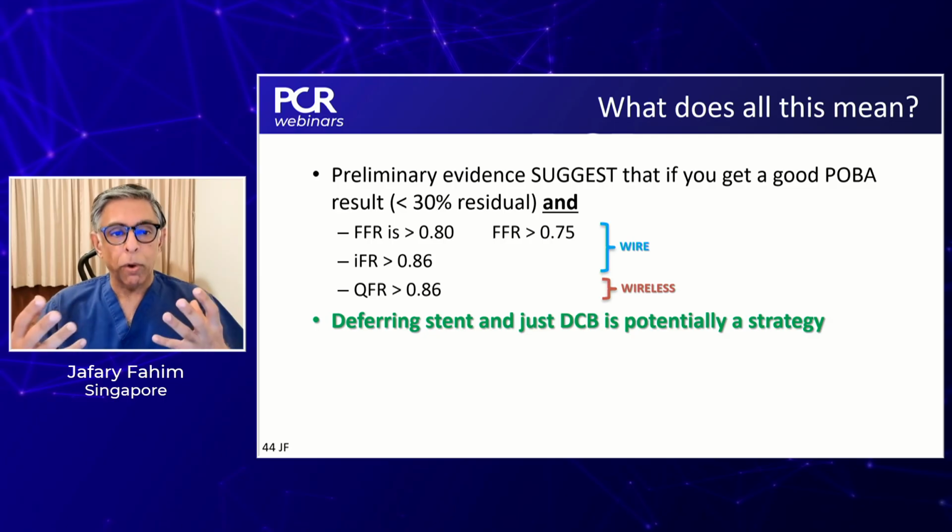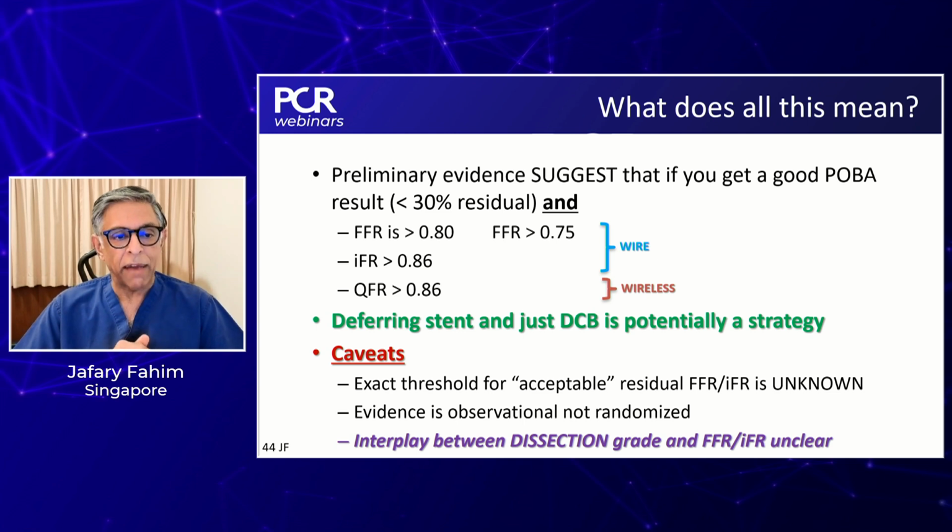I think it's also important to be circumspect and realistic about the data, because there are some caveats. The first caveat is that we don't know what the exact acceptable threshold is. As I pointed out, 0.8, but other groups have shown 0.75 is good enough. What is the residual FFR you are comfortable leaving behind?